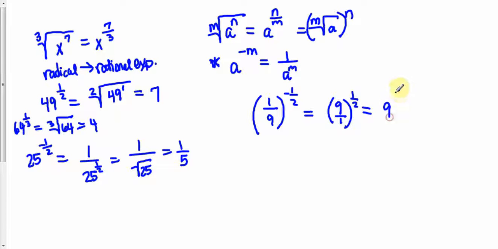So that's like 9 to the 1/2 power, which is simply the square root of 9. So anything to the 1/2 power is the square root. If it's to the 1/3 power, it's the cubed root. But here I gave you one that was to the 7/3 power, so it was the cubed root of that to the 7th power.